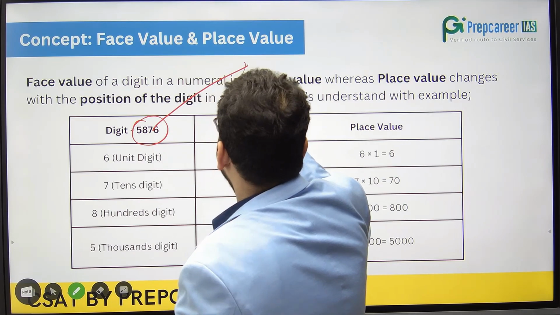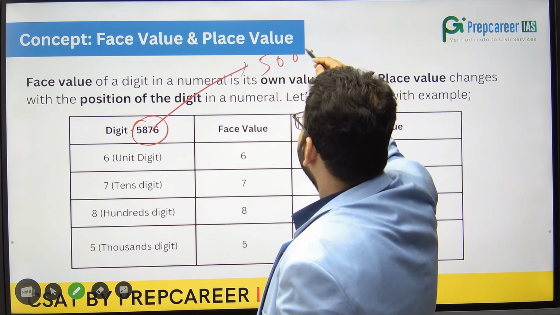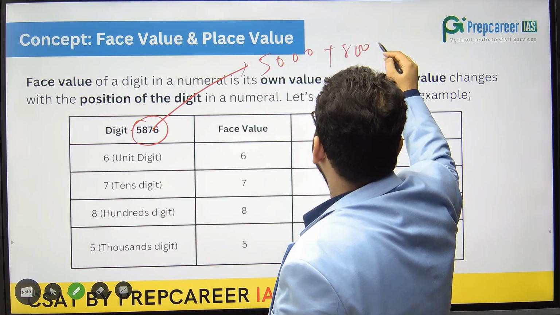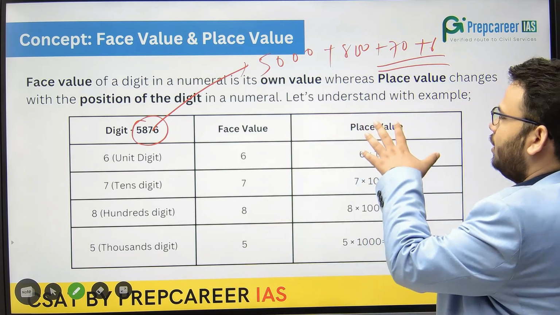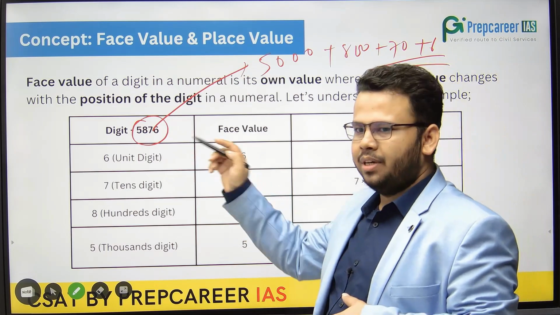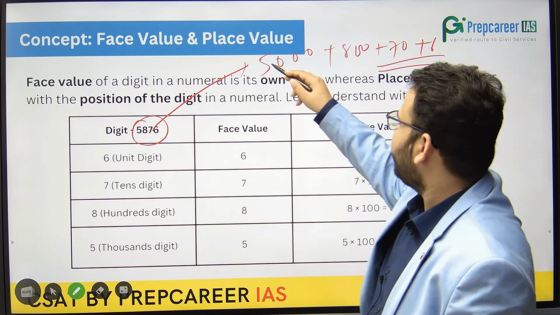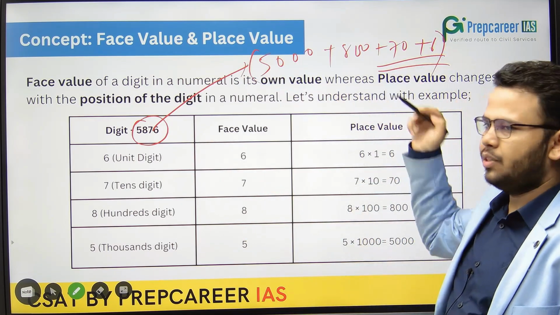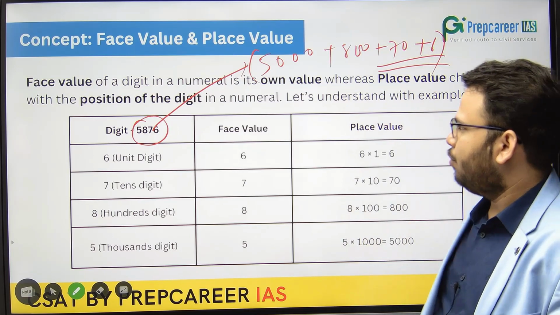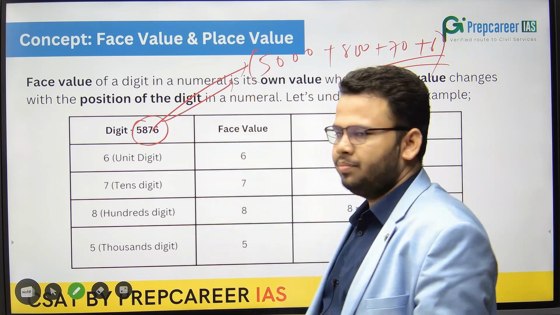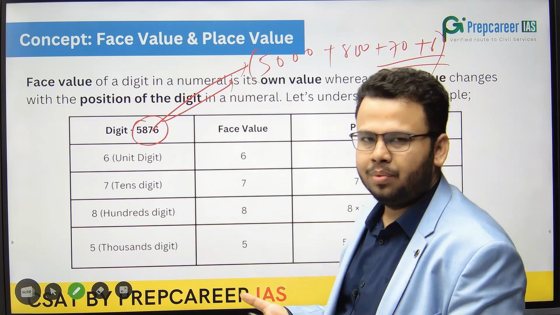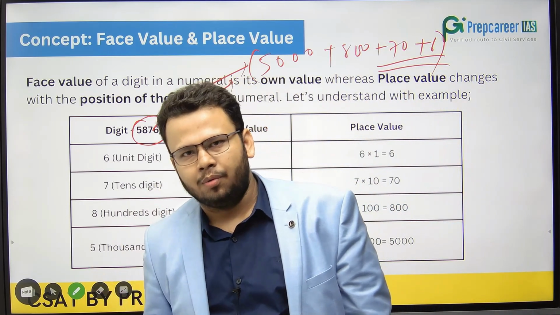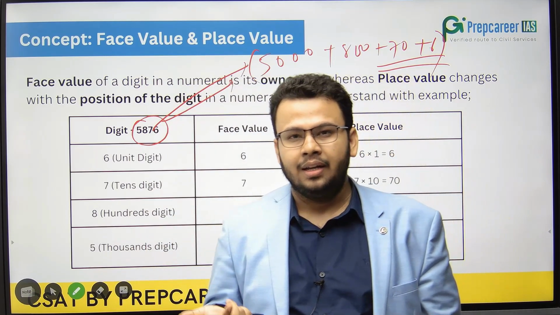Can we write this number as 5000 plus 800 plus 70 plus 6? When you add all these numbers, you are going to get 5876. But how can we write this number in this form? The reason being, we have just broken up this number by adding up the place value of each and every digit in that number.